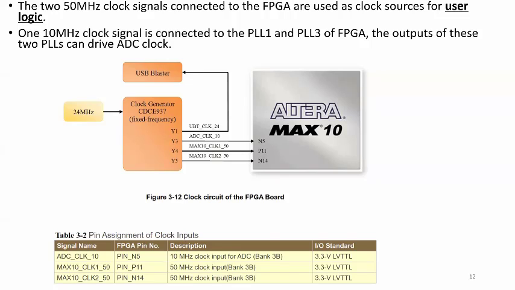We have here clock signals. Everything is working according to clock. I have 50 megahertz clock signal connected to the FPGA and use it as a clock source for user. So I have those 50 megahertz and they are connected to the FPGA, and those are fast clocks compared to the 10 megahertz.